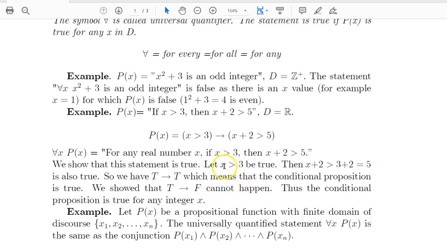Let x greater than 3 be true for some x. Then x plus 2 greater than 3 plus 2 is also true. We just add 2 to both sides of this inequality, and we get a true inequality.